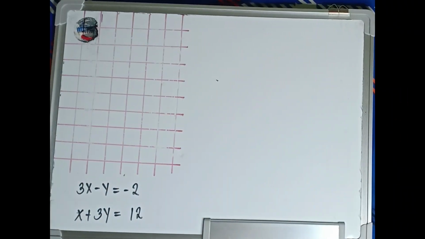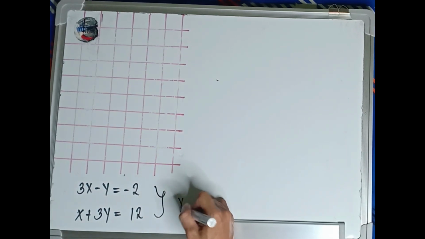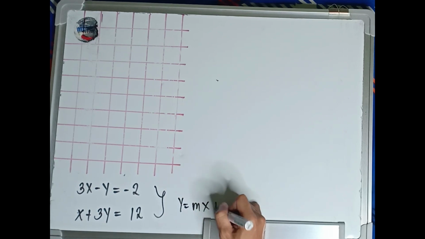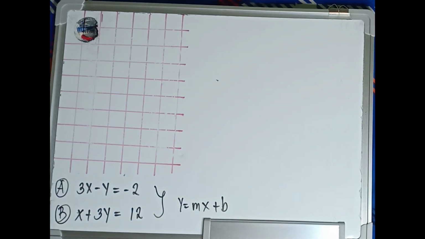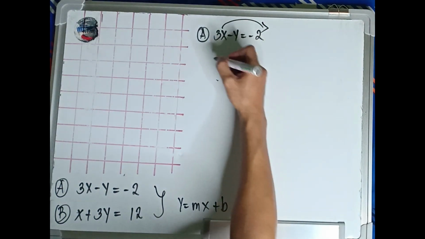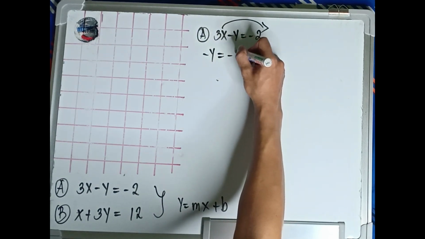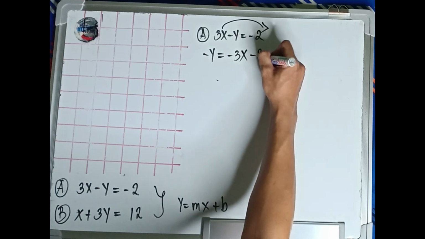So let's have the second example for a system of linear equations in two variables. We have to change the given equations into the form y is equal to mx plus b. Now let's take the first equation, A. We have to transpose 3x to the other side. So we copy negative y, the equal sign, then 3x will become negative 3x, then copy negative 2.